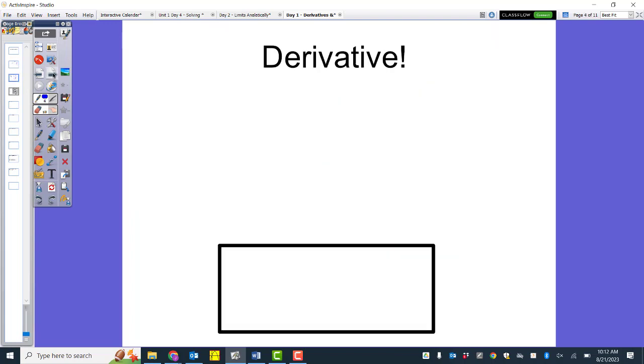Now, this whole idea can be expanded into a full function. We can take this concept and do it with a function. So let's take that same idea, but instead of using a value for x, let's just use f of x plus delta x minus f of x over delta x.